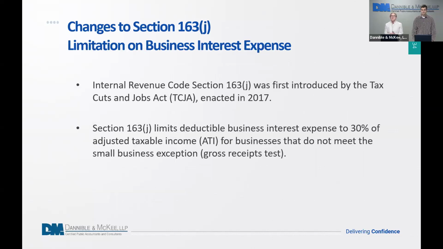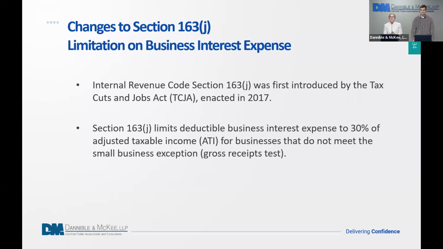We saw a change to Section 163J. This is a limitation on business interest expense. This was first introduced and enacted in 2017 under the Tax Cuts and Jobs Act. The 163J limits deductible business interest expense to 30% of adjusted taxable income for businesses that do not meet that small business exception, that gross receipts test that I covered earlier on.